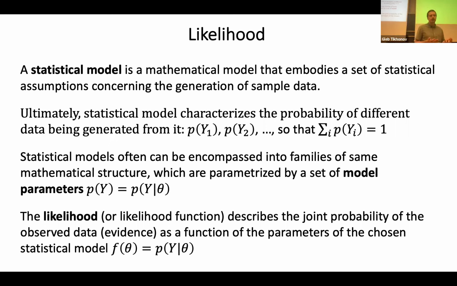So when considering the statistical model and likelihood, you're often dealing with the same mathematical object, but you're considering a different function with respect to different arguments. In case of the statistical model, it's with respect to the data. In case of likelihood, it's with respect to the parameters of the model.